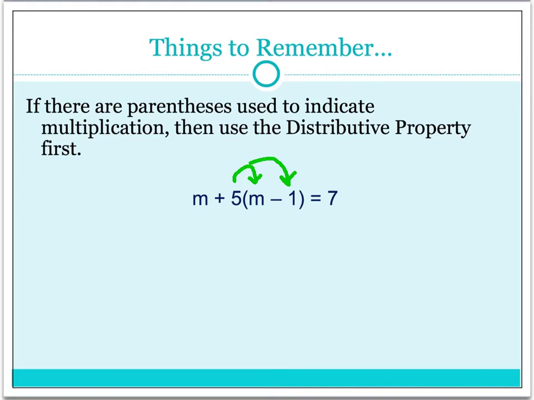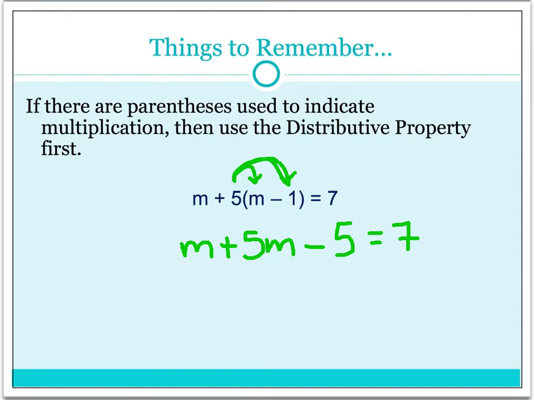And so what we end up with is this first m doesn't change. It just stays m. The plus sign comes down because we know that 5 times m is a positive 5m. And then we also know that 5 times -1 is a -5. And it's still equal to 7.